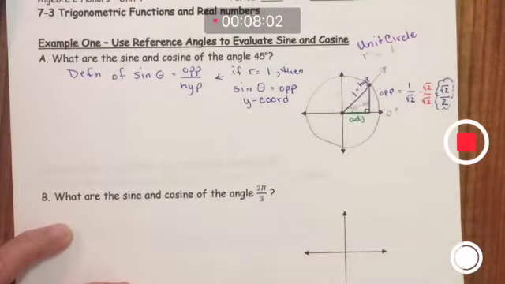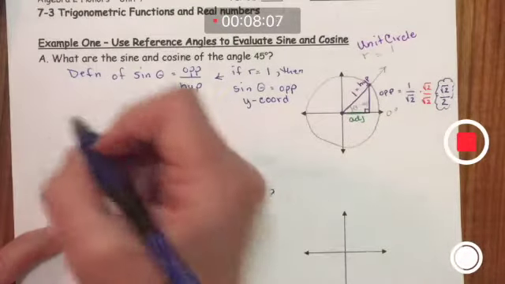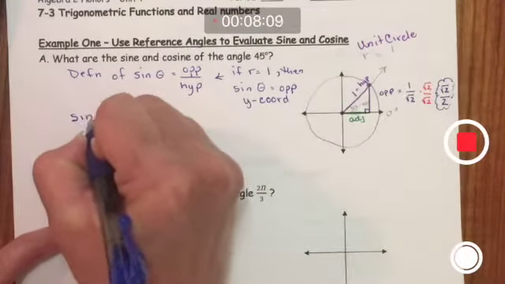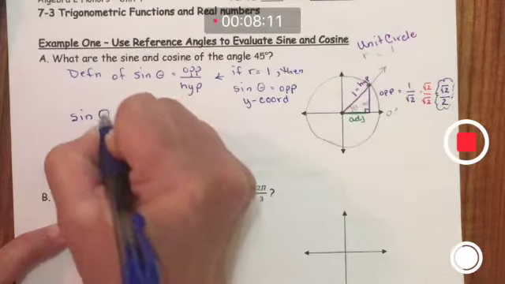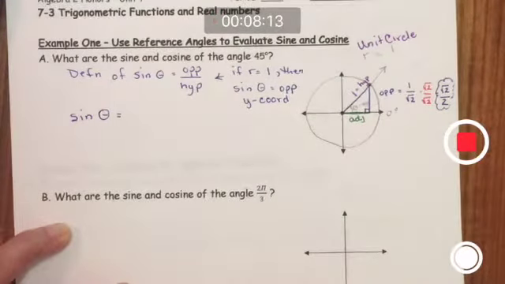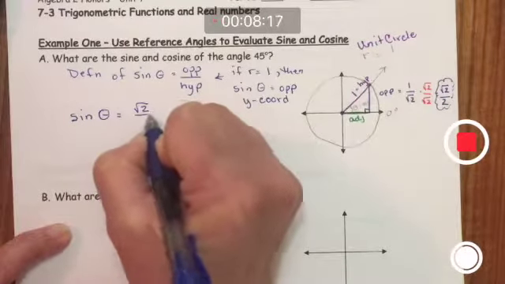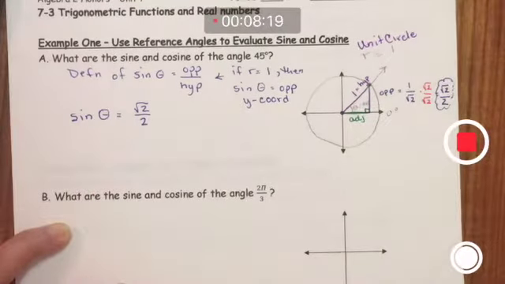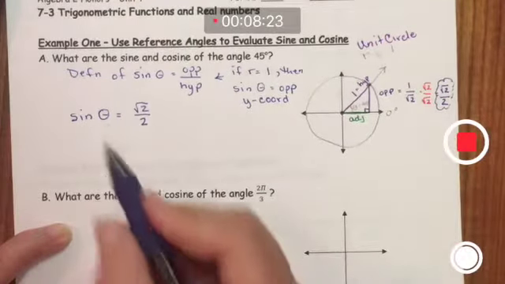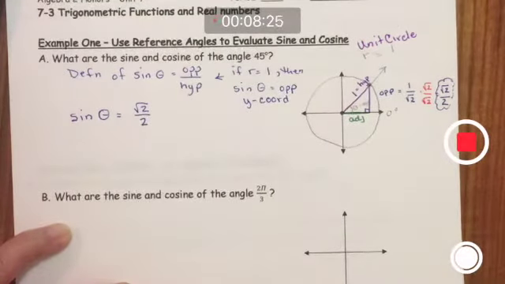It's the y-coordinate. So what we found here was that the sine of my 45-degree angle was the square root of 2 over 2. And that's always true. The sine of a 45-degree angle is always going to be the square root of 2 over 2.